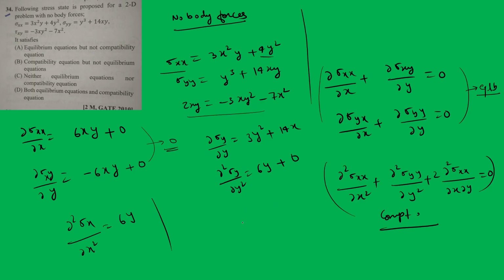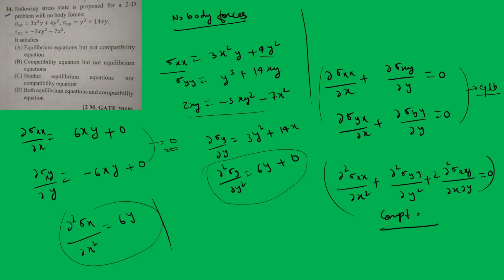And if we add this, this is dou square sigma y by dou x square, this is dou square sigma x by dou x square, plus we also have to find this one. So we already have dou sigma xy by dou y. Sorry, this is dou sigma xy by dou x.